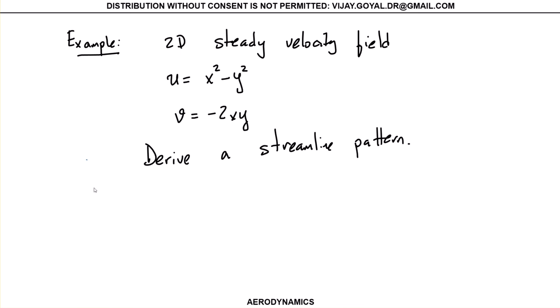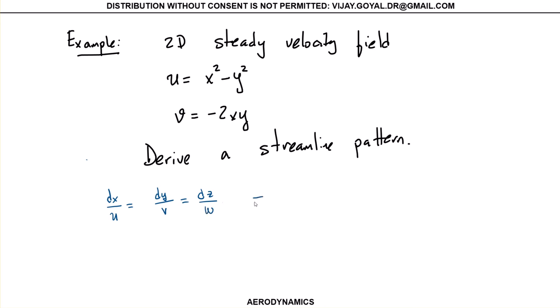Okay, to derive this streamline pattern, as we learned in class, this will be equal to dx divided by u, dy divided by v, dz divided by w, sorry.